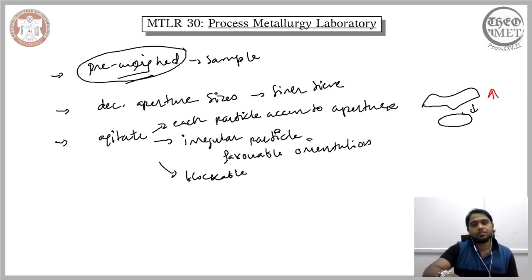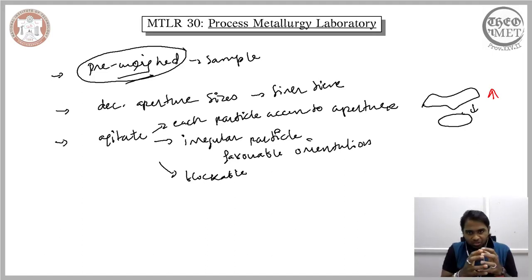When you have a particle of specific size that blocks your aperture, that blockade can be removed when you introduce this agitation. If there is a particle that blocks your aperture, thereby making it inaccessible for further particles, the vibration helps to release that blockade. So for this reason, we have agitation introduced in the scheme of things of the sieve analysis.